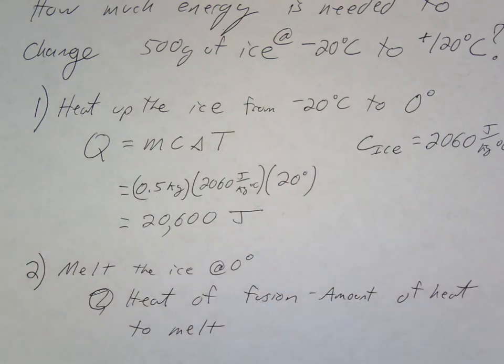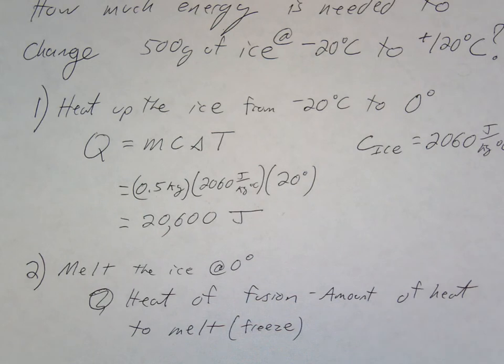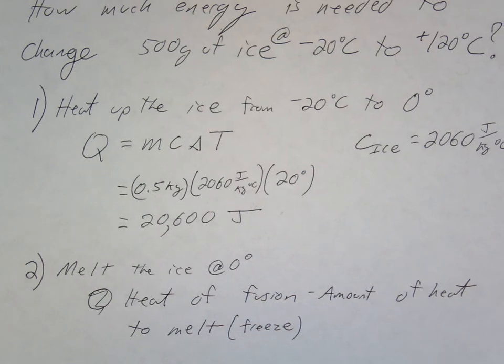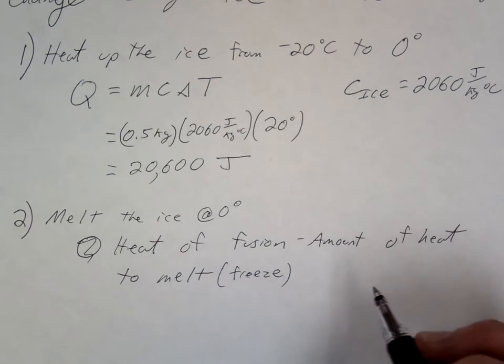What would happen if you remove the heat? If I remove heat from liquid water, what's going to happen to it? It's going to freeze, yeah. So if you add the heat, we'd say it's melting. If you're going to remove the heat, we're going to freeze it. So depending on what direction you're going, you're either going to add or remove.